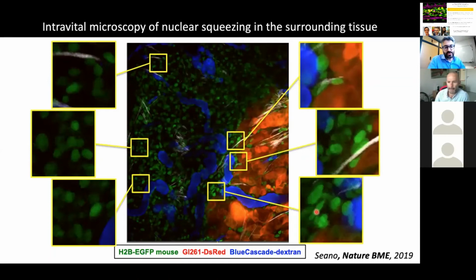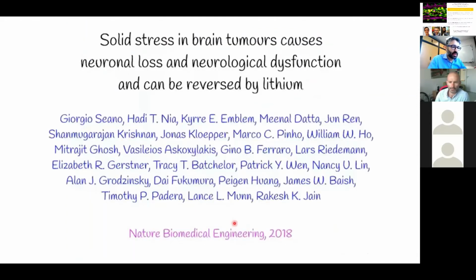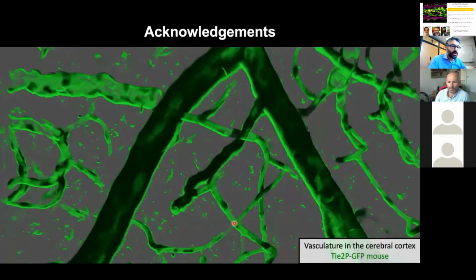So these, together with many other proofs, show that we actually have force close to the tumor. In the last point that I will not show you, we also demonstrate this more mechanistically by applying the force or releasing the force, and we found a neuroprotectant. I will skip these because it's just a repetition of what I showed you before.